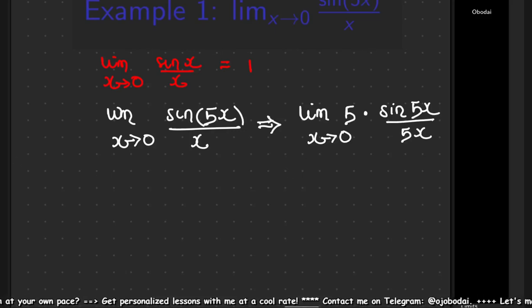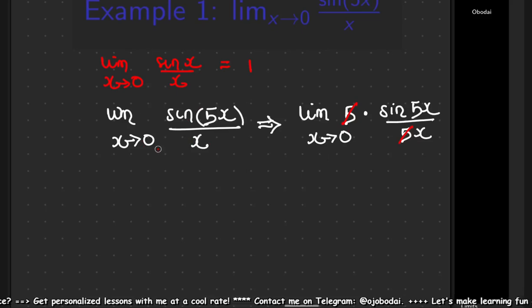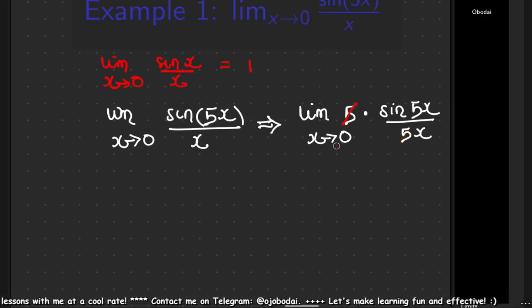And just note that this 5 here cancels this 5 here and still gives us this one. But if it is as this, we can't just solve it algebraically. So we want to make it look like this over here. That is why we are introducing this constant here.